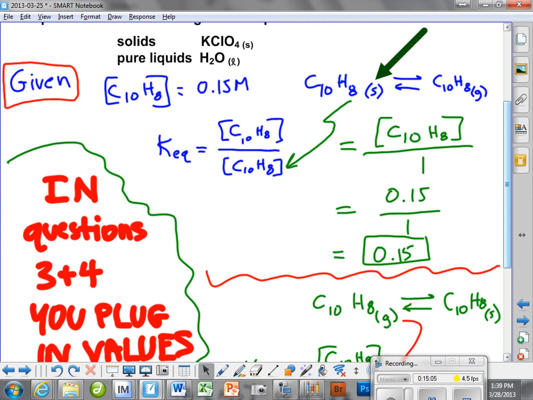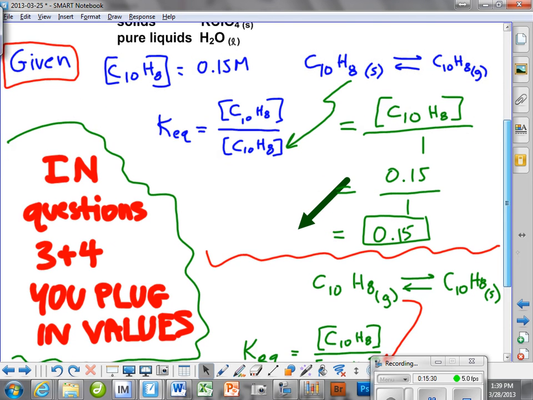Solids don't go anywhere. They go wherever they belong, and everything that's on the left belongs on the bottom. Everything that's on the right belongs on the top. That's why we knew that this guy, even though he's the same formula as the guy above, was a solid because the solid was on the left side of the equation.